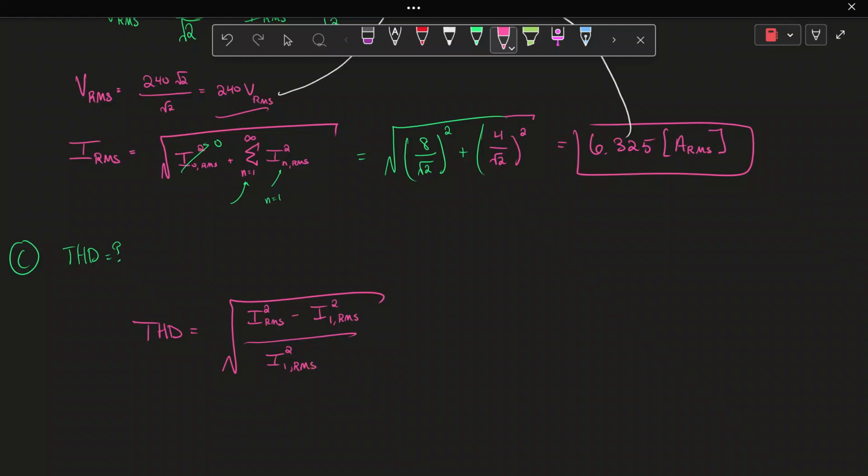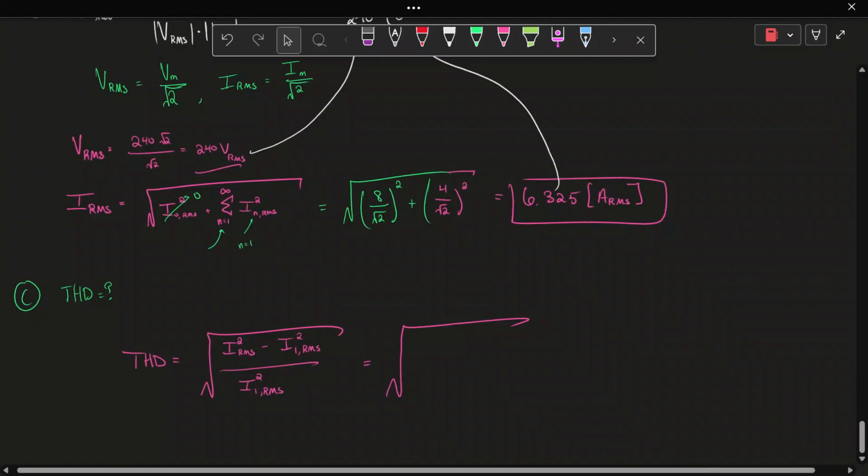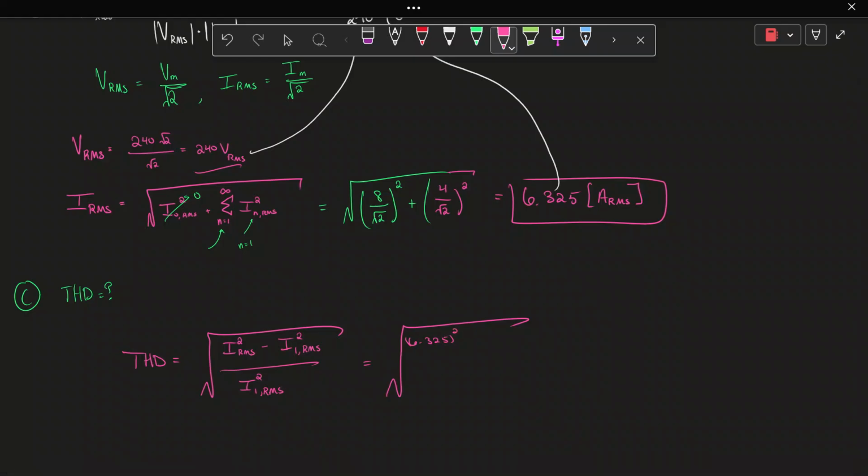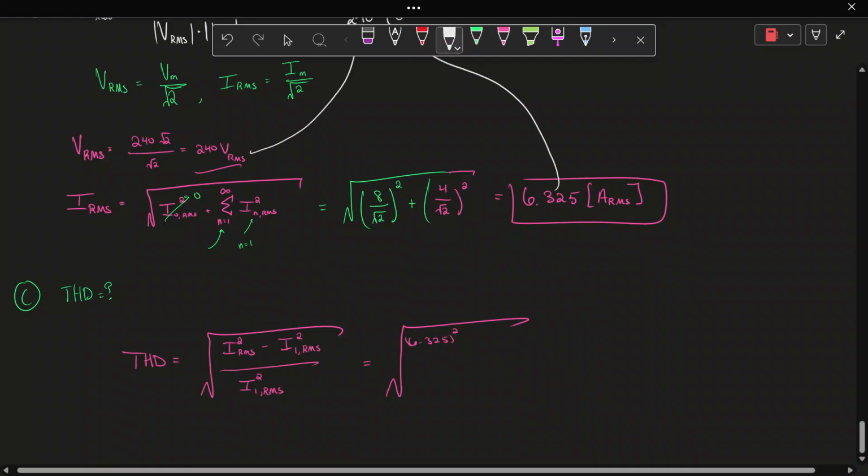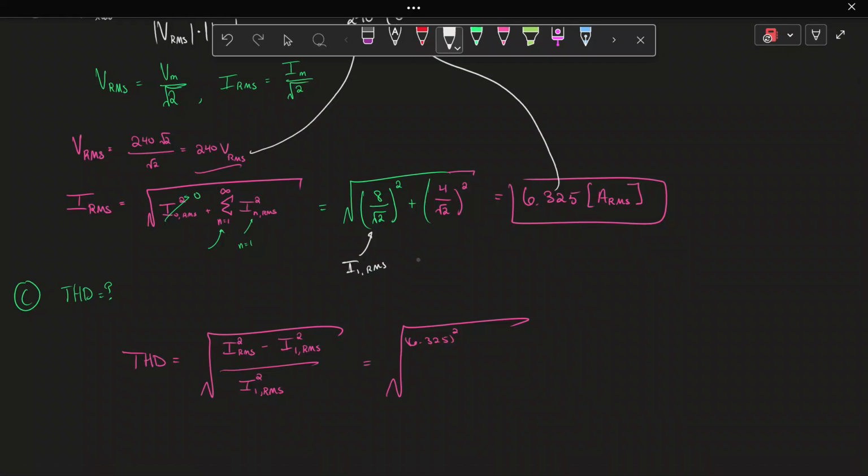And remember, this is for current. So we know these values. I squared RMS, well, we know IRMS is 6.325. Do we know the first harmonic squared? Well, that here is this one. This is the first harmonic, and this is the second harmonic.